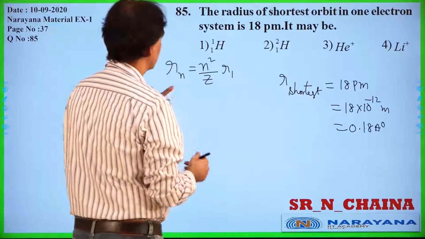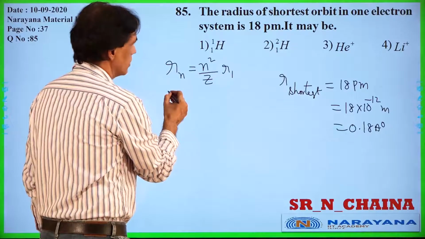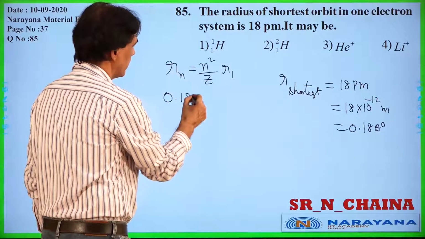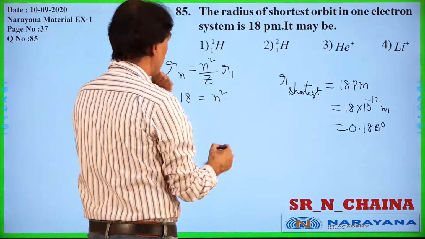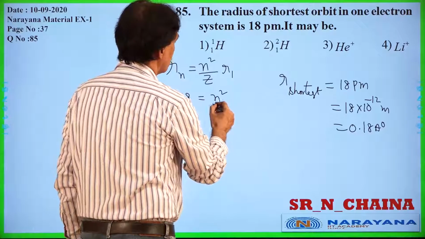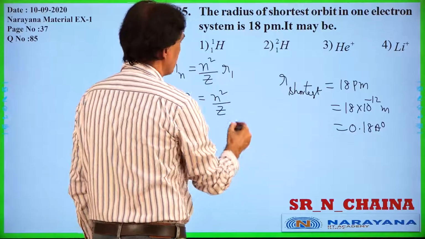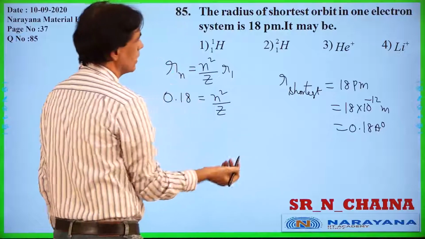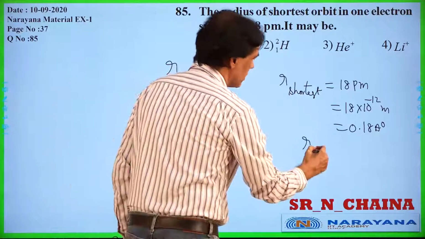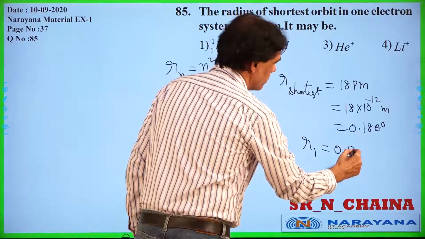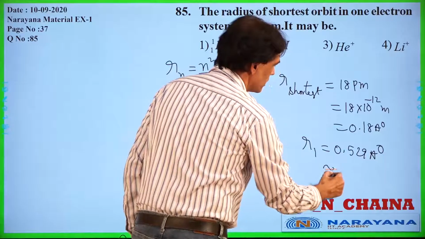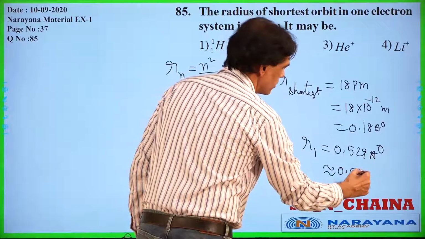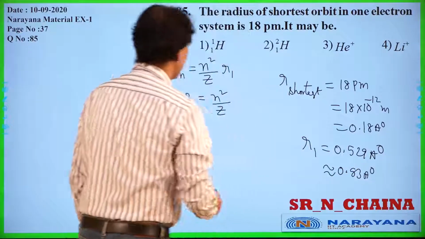That means 0.18 angstrom units is equal to n square by z into r1. What is r1 value? Generally, we know this. R1 equal to 0.529 angstrom units, I can write it as nearly 0.53 angstrom units.